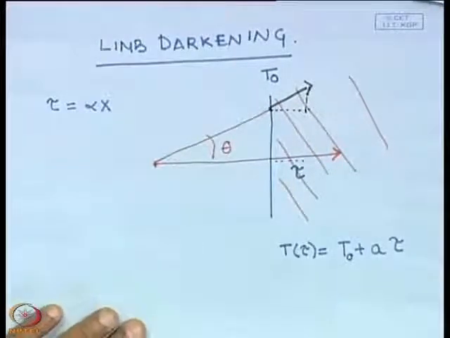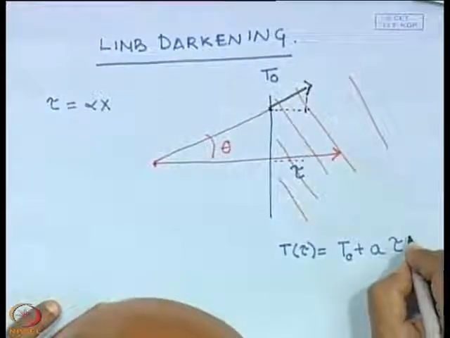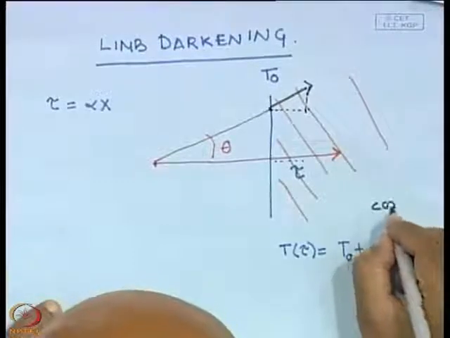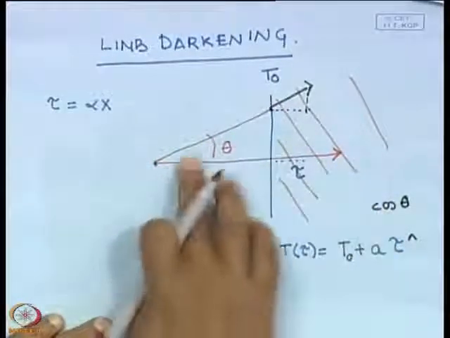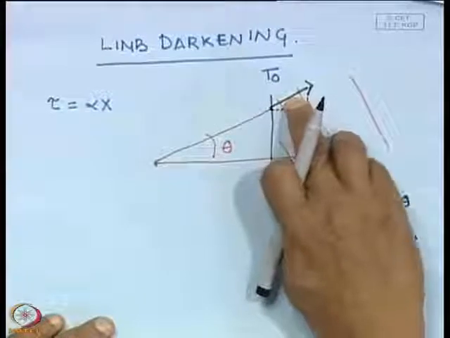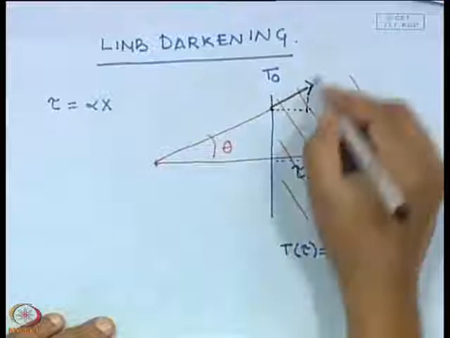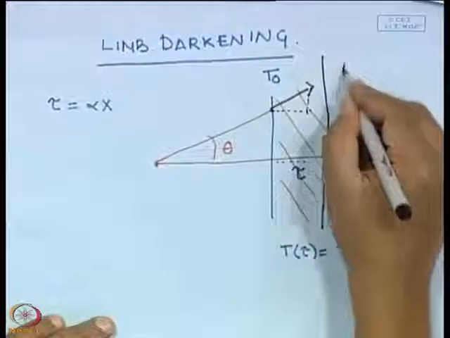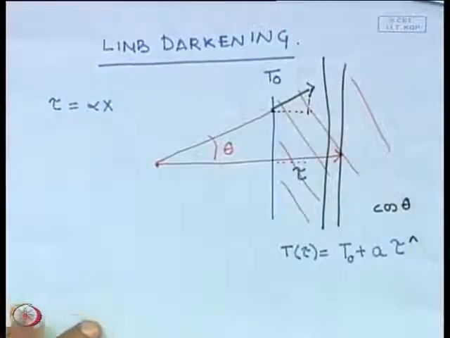So for any angle theta, this is going to be multiplied by a factor of cos theta. This is if I go straight in, but if I go at an angle, the optical depth is going to increase, but I am not going to go the same distance inside the material. So the temperature increases like this, and since I am going at an angle, the temperature increase is not going to be as much, it will be less.